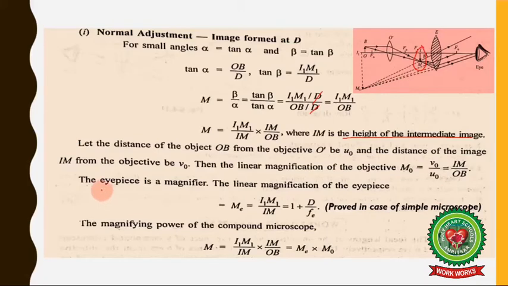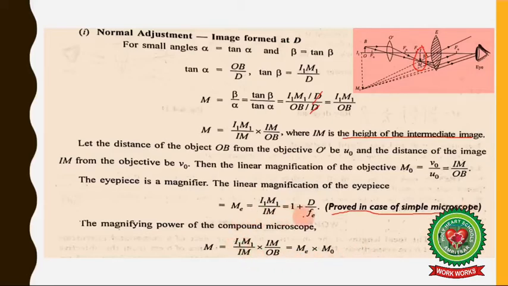Similarly, the eyepiece is a magnifier. The linear magnification of the eyepiece is ME, which works like a simple microscope, and is equal to I1M1 divided by IM, which is equal to 1 plus D upon FE. This equation you have already proved in the simple microscope. So from there we get this equation.